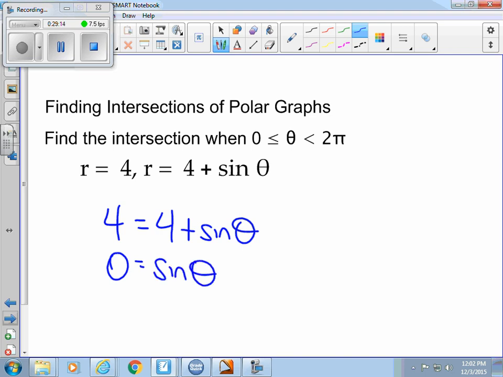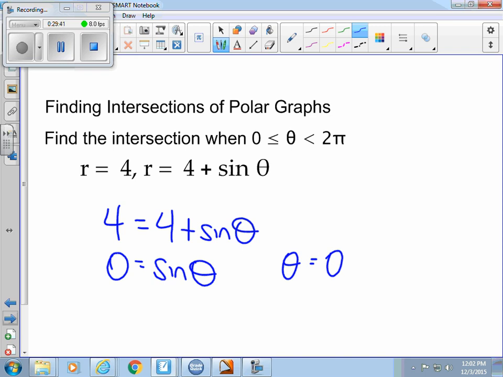And when does sine of theta equal 0? Okay, 0 and at 2 pi. What am I going to answer? 0, pi, 0. Yes. Theta is 0.